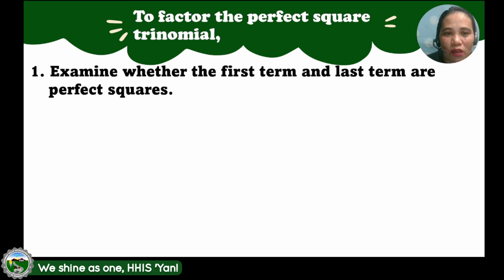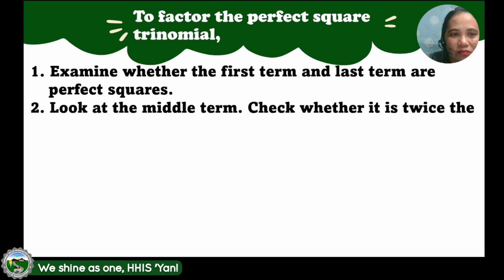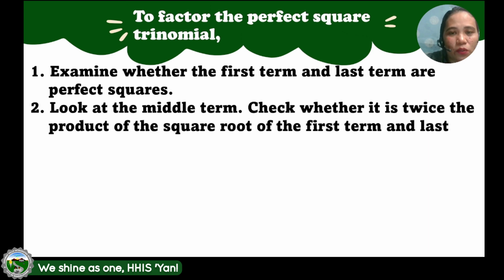When it comes to a variable, the exponent should be divisible by 2. So that is 2, 4, 6, 8, 10, and so on, as long as it is divisible by 2. Next, look at the middle term. Check whether it is twice the product of the square root of the first term and the last term.